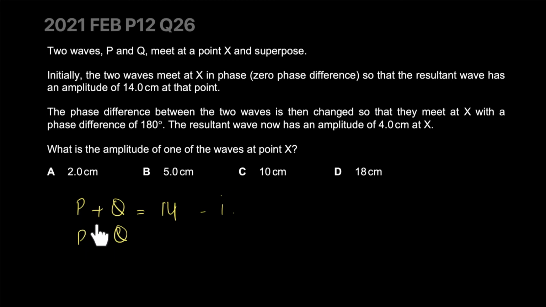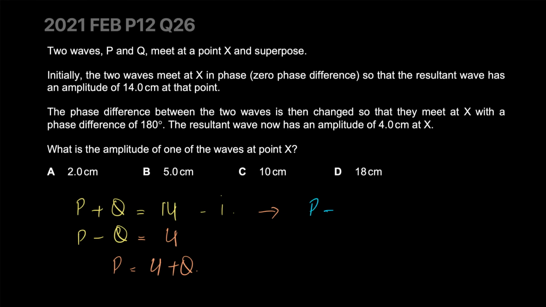Yeah, so it doesn't matter. Whatever is subtracting, it doesn't matter because the smaller one is subtracted. So P minus Q is equal to 4. Rearranged, P equals 4 plus Q. Put that in equation 1. That's P.